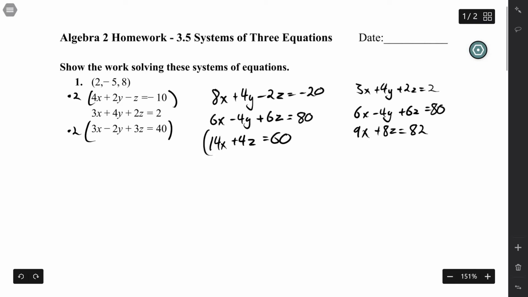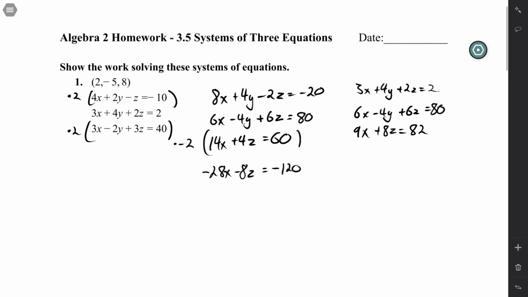So I'll multiply this one by negative 2. So I'll get negative 28x minus 8z equals negative 120. And then I'll add this other equation to it, 9x plus 8z, and that equaled 82.